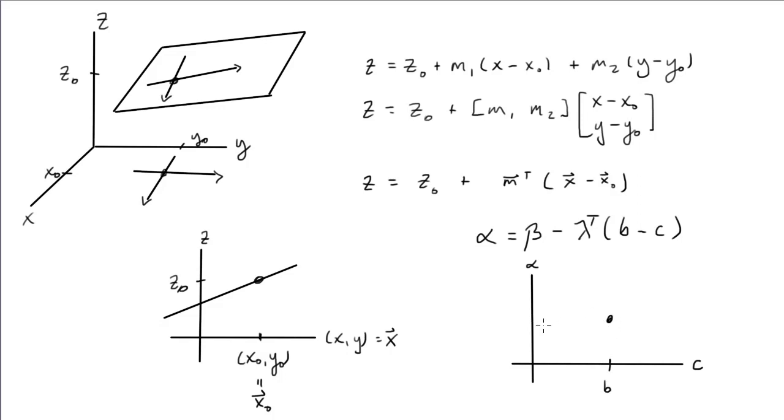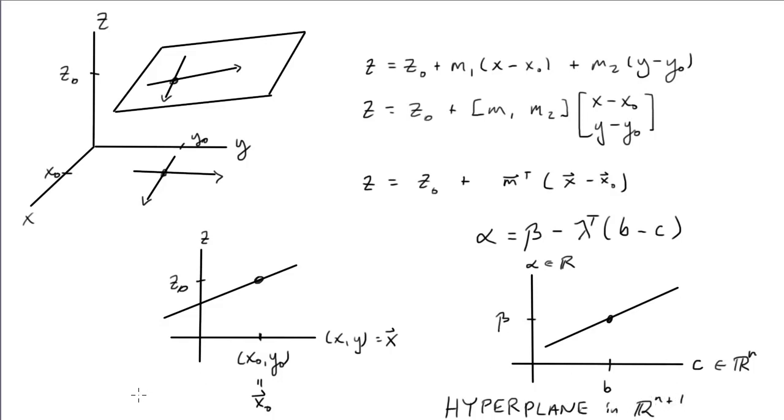B and C are vectors in Rn, alpha and beta, real numbers. Because I have slope numbers, it's non-vertical.